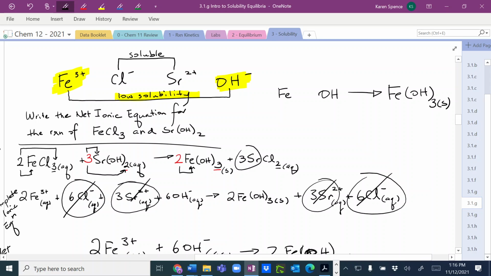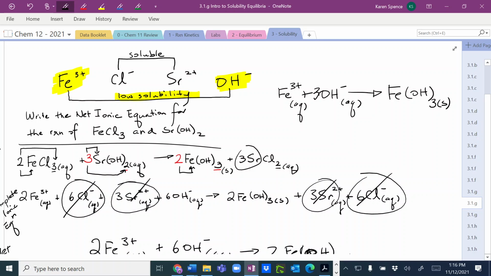You need to remember your charges, you need to remember it still needs to be aqueous, and it still needs to be balanced. But if you feel like you've gotten enough practice on the whole shebang, you can make this process a lot quicker if you are just asked for the net ionic equation.